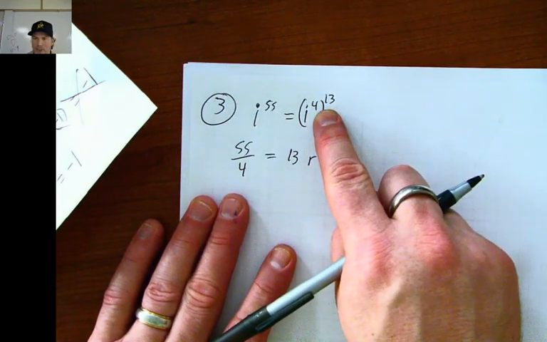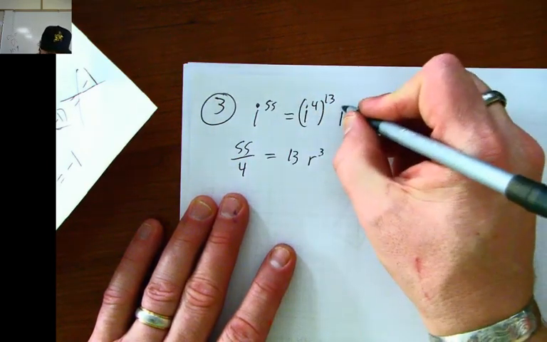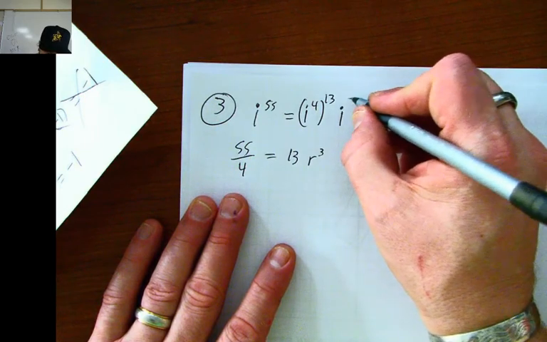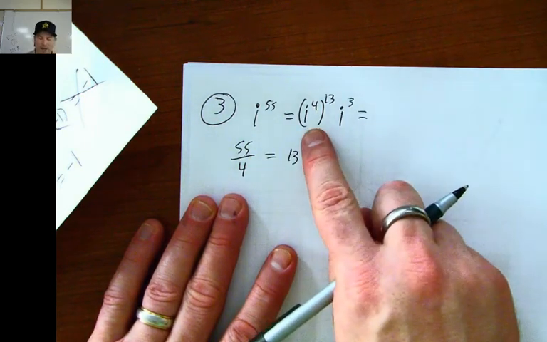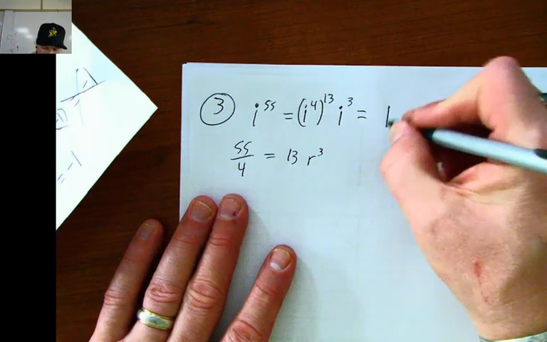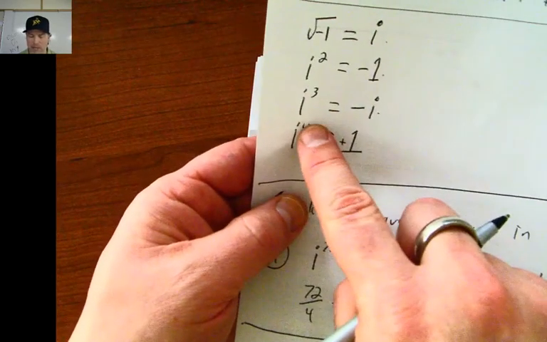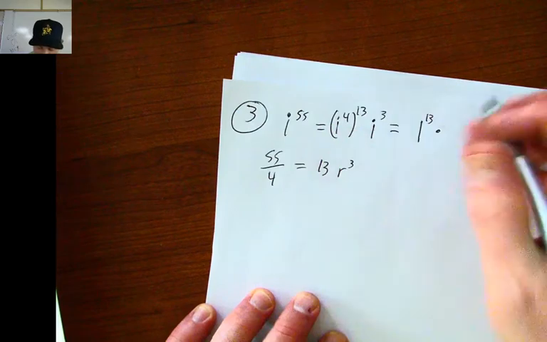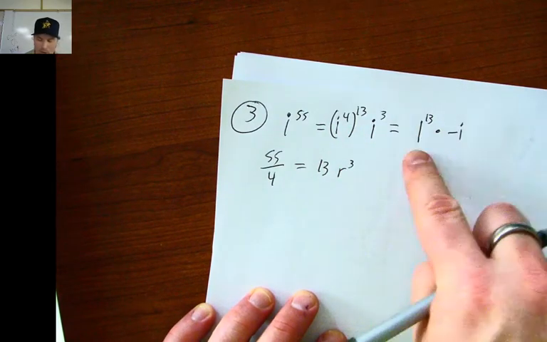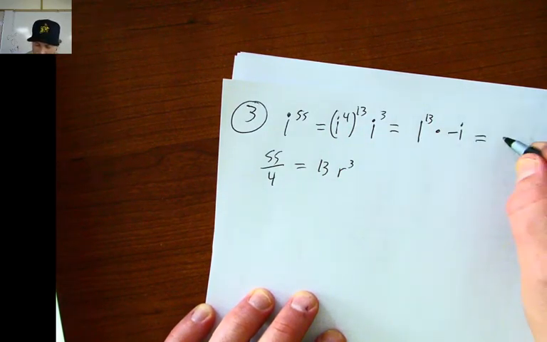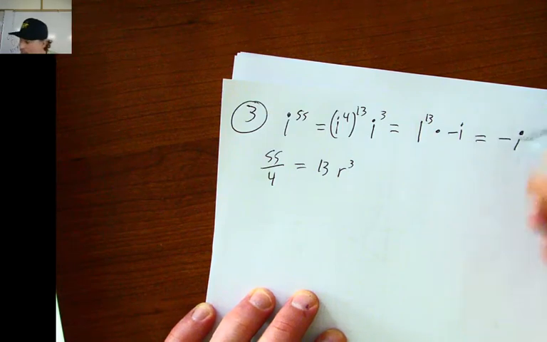That covers 52 of the i's, which means what I have left over is an i cubed. i to the 4 is a 1, so this is 1 to the 13 times i cubed, which works out to be negative i. So I change this i cubed to negative i. The 1 to the 13 is just a 1, which means the answer is negative i.